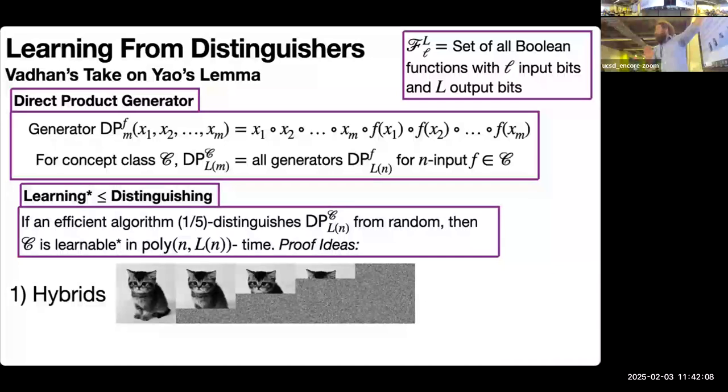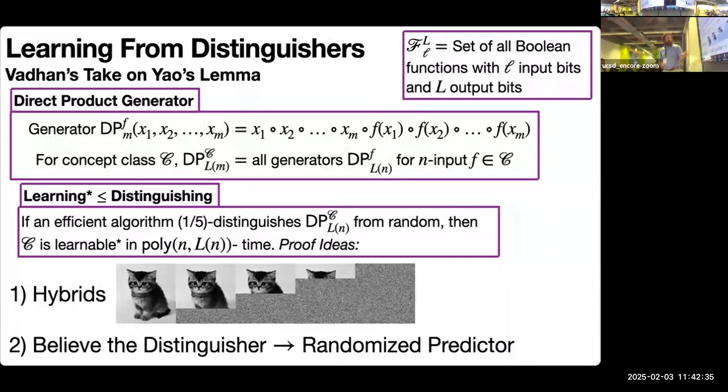Uniform random bits, no distinguishing, everything is fine. Over here, we generate M-ish hybrids by replacing some prefix of these with a distribution over random coins. There will be an index where a distinguishing gap is witnessed.